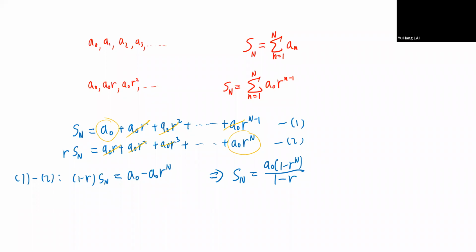what we care about, of course, we are not going to just talk about geometric series. What we are going to care about is that I want to sum infinitely many terms. That is, I want to make n tend to infinity, so I want to find this limit.